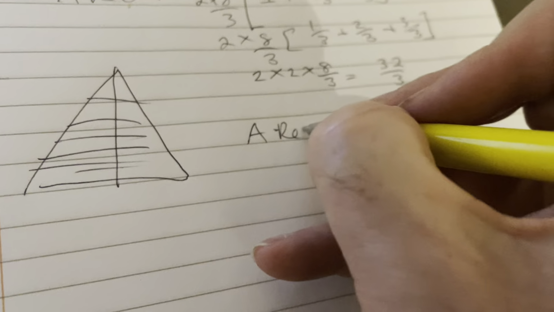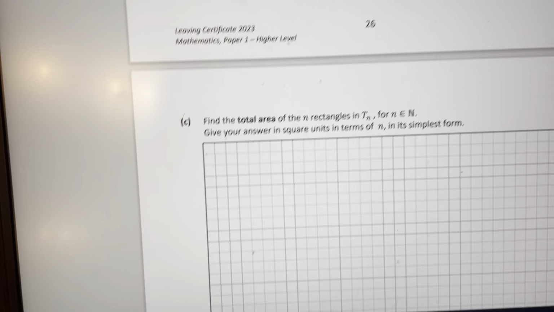You get 24 over 3. No, it is equal to 4. It's 32 over 3, which is correct. Okay, so that's your area for that. It's a little bit unusual.